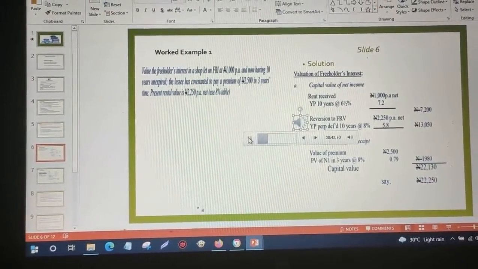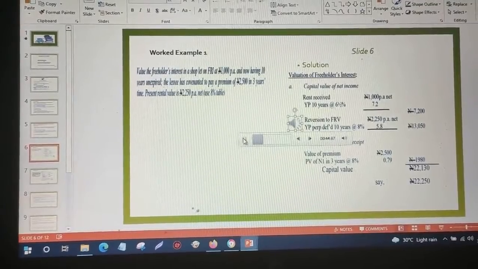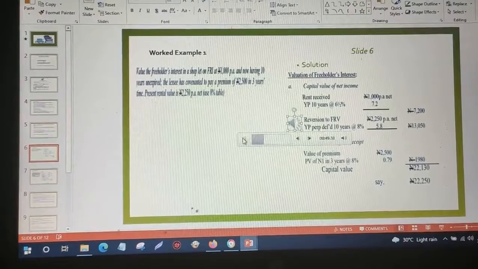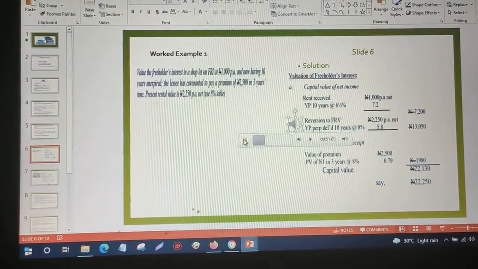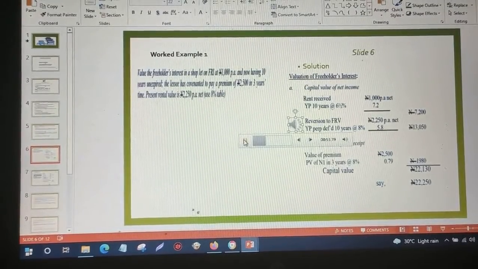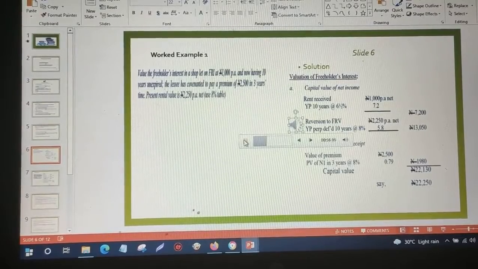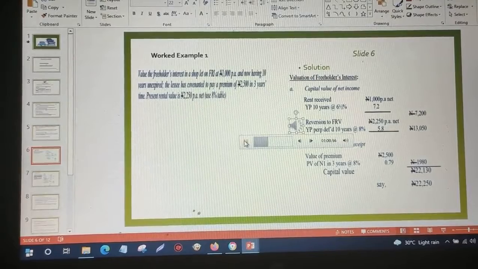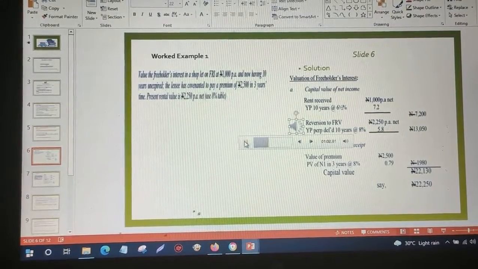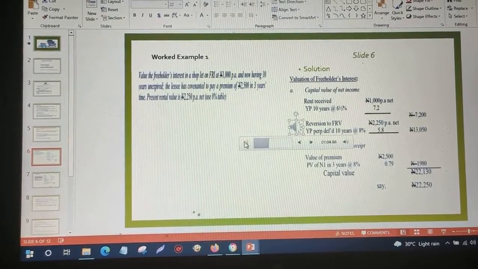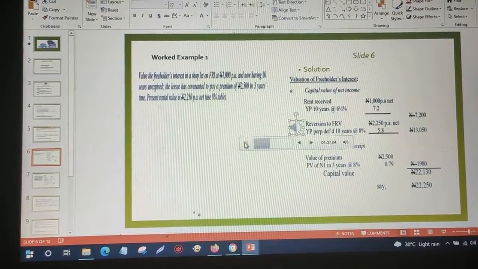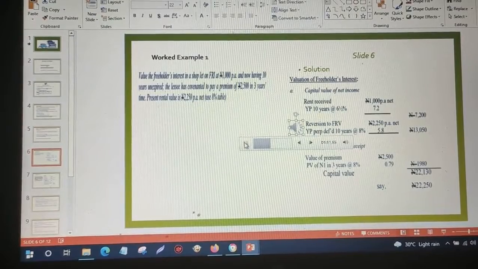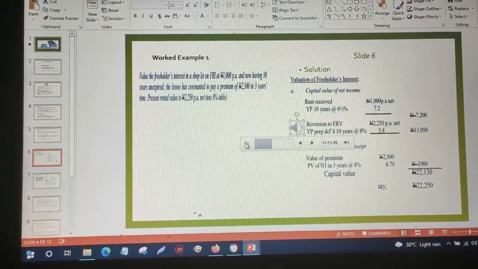Now, if you look at the example, you can easily get what I'm trying to say. Value the freeholder's interest of a shop let at a given rent. And what you have is, first, value the property as if it is normal, without any expectation of future capital receipt. Then you factor the price of the future capital receipt and defer it, because the question says 3 years.